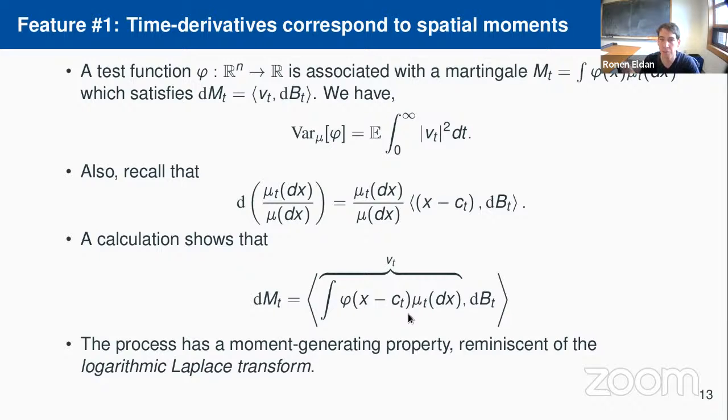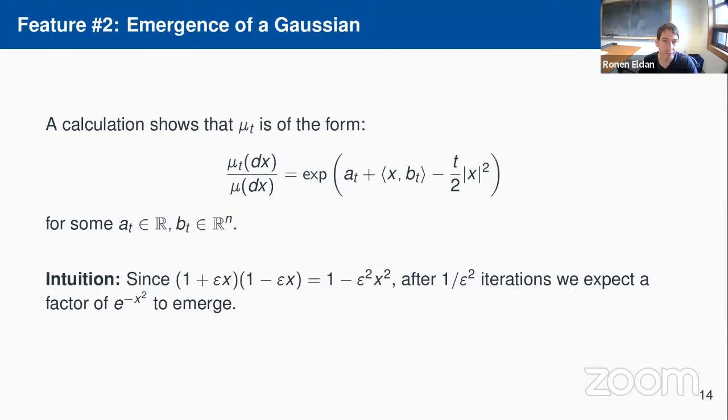So time derivatives of this process correspond to moments in space. And we can actually differentiate again and again, and we will get some kind of moment generating property, which will make the differentials of this process very tractable. We have very simple expressions for the way that the Martingale changes in time, which will facilitate its analysis.